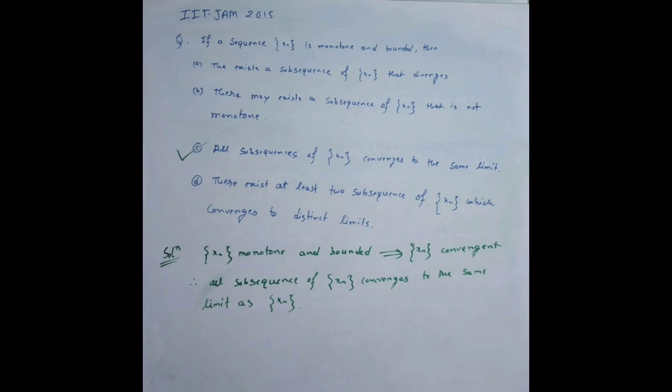So option B is also wrong. Option D, there exist at least two subsequences of xn which converge to distinct limits. So it is not possible since all the subsequences converge to the same limit point. So option D is also wrong.